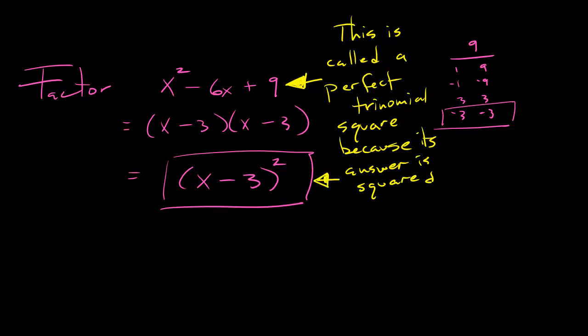And there's me with my sarcastic voice, because I think it's stupid that they made this a separate topic. I would not call it special myself. But I do want you guys to know that that is why it is considered special in this section. If you factor something and its answer can be written as squared because both factors were identical, then it's called a perfect trinomial square.